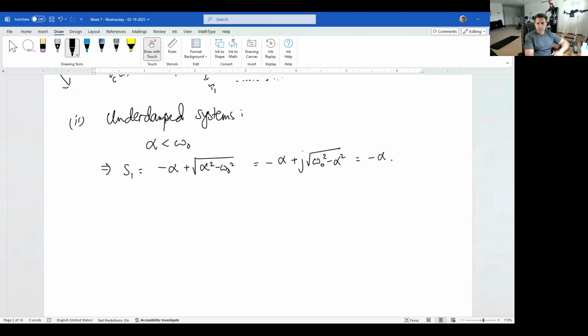And this is what we represent as omega d, or sometimes in some of the books, as you will see, it is represented as omega n as well. And omega d or omega n, they are called natural resonant frequency.